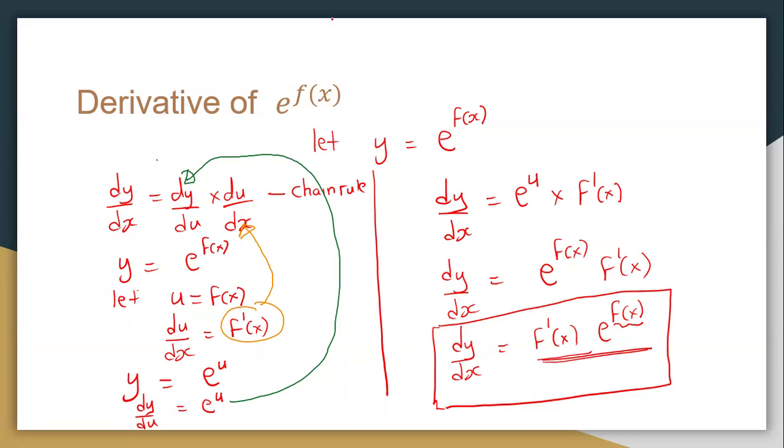If you go back to what we had, e to the power x, our f(x) was just x, so f'(x) is equal to 1. When you substitute, you have 1, then write the original function, e^x. So this is the same as e^x. That is our general rule, and that is what we call the derivative of an exponential function. I hope we are on the same page.